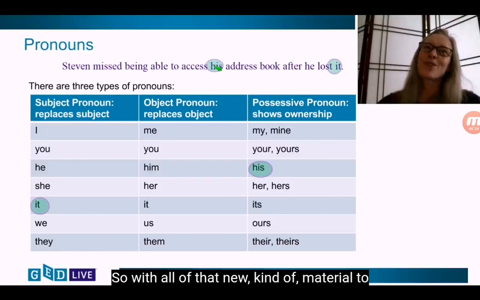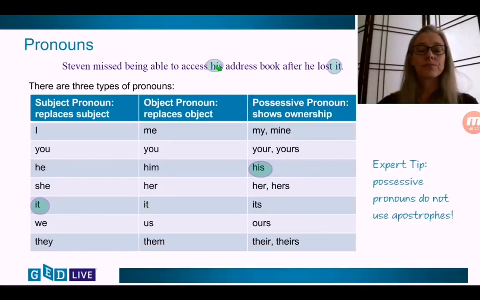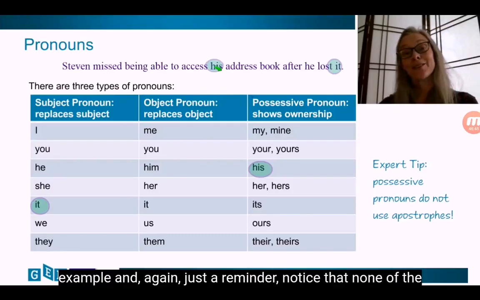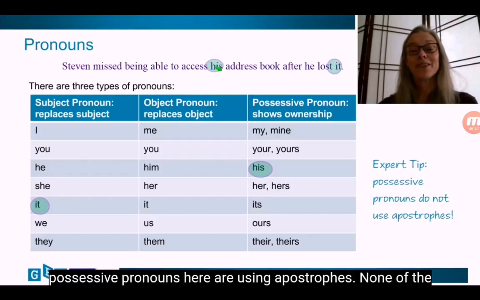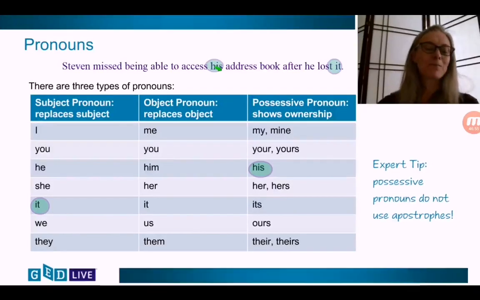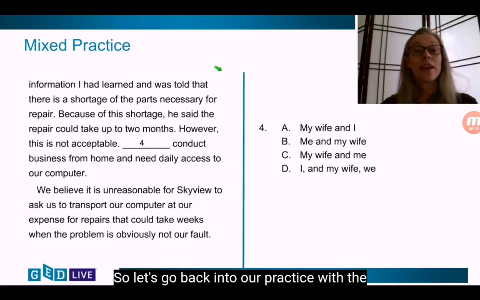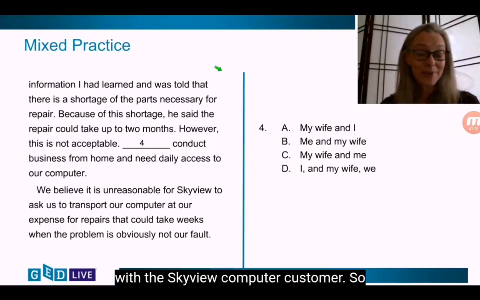So with all of that new material to work with, let's head back into our example. And again, just a reminder, notice that none of the possessive pronouns here are using apostrophes. None of the possessive pronouns use apostrophes, ever, ever, ever. Okay? So let's go back into our practice with the Skyview computer customer.